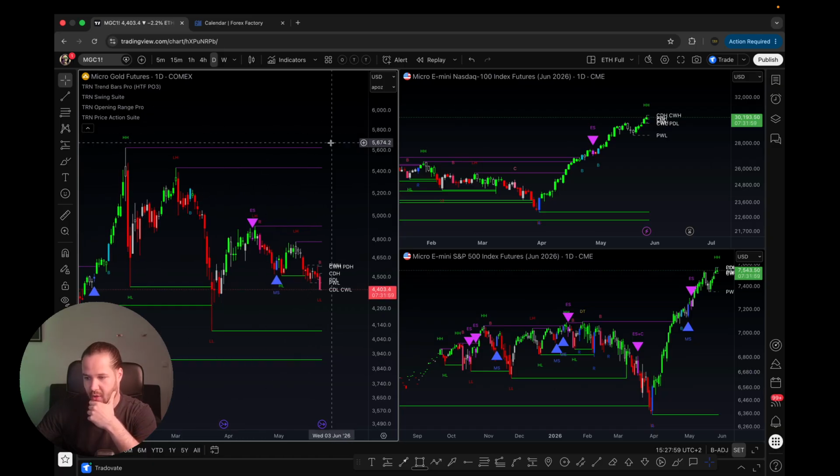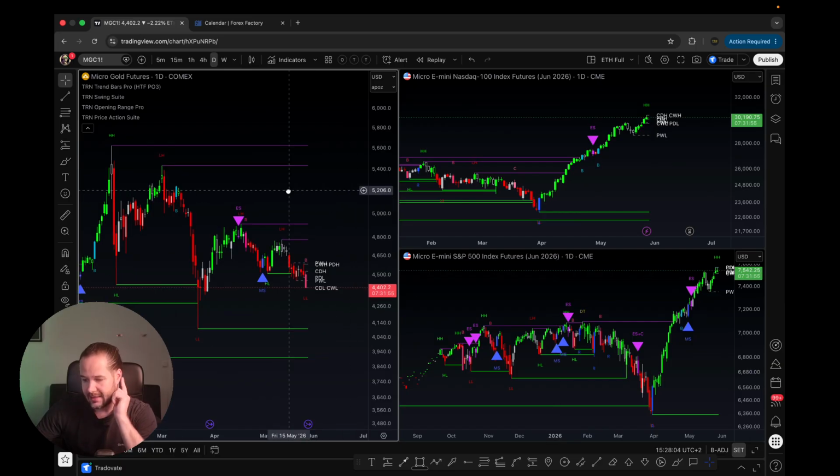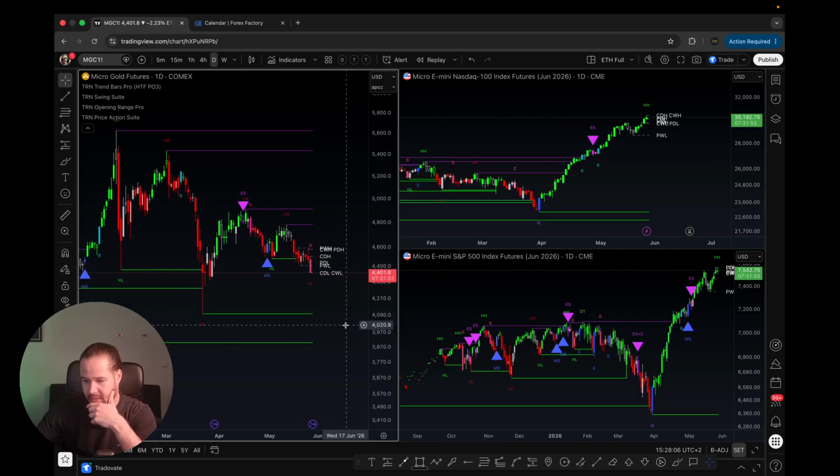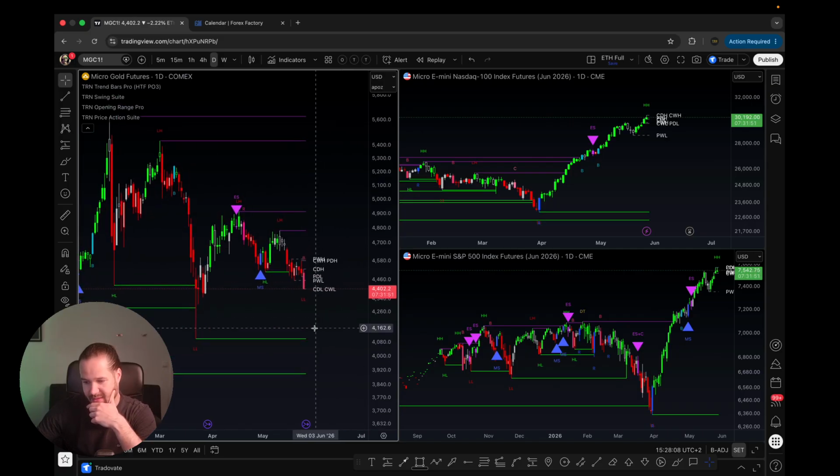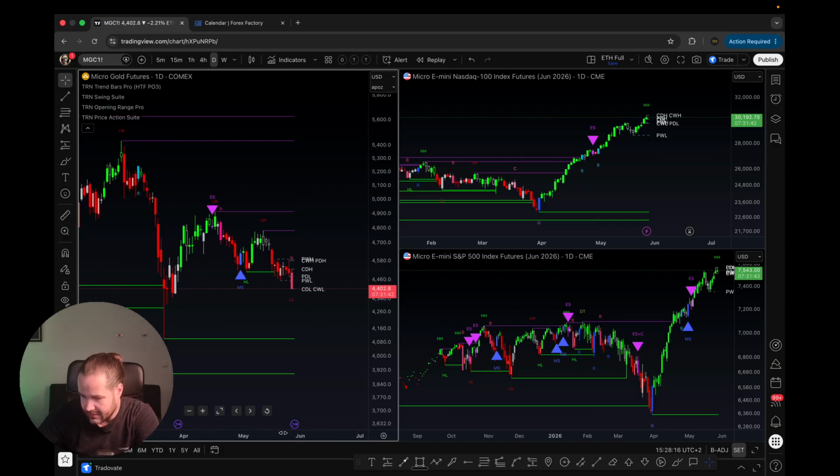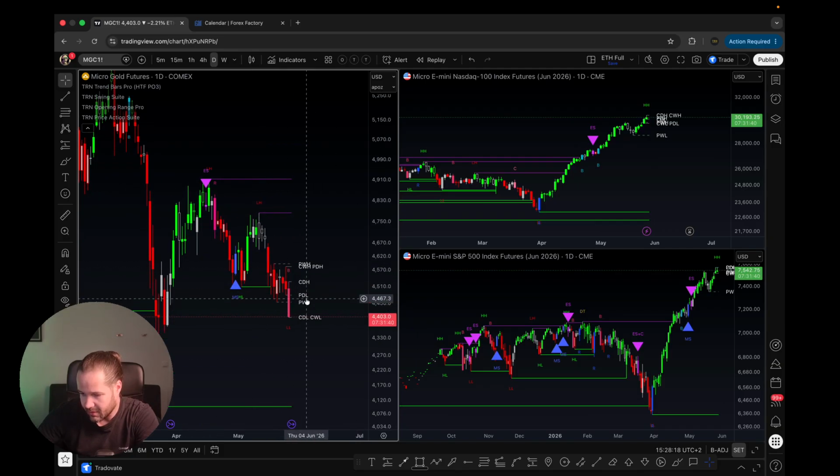So we will trade gold, NQ, and ES. Let's start with gold, because here it is very clear that we are about to continue a strong downtrend. Yesterday's candle is quite rangy, but you can see we're still in with red trend bars, which means downtrend from the Trend Bars Pro indicator.